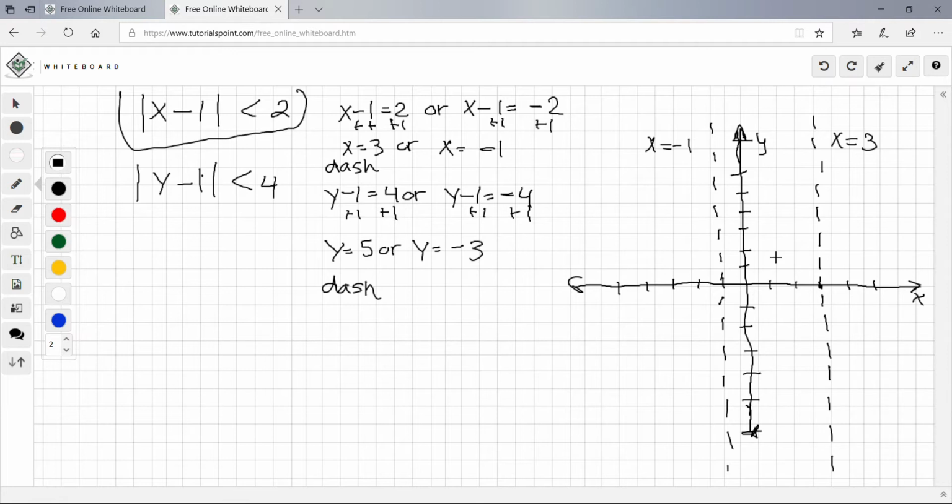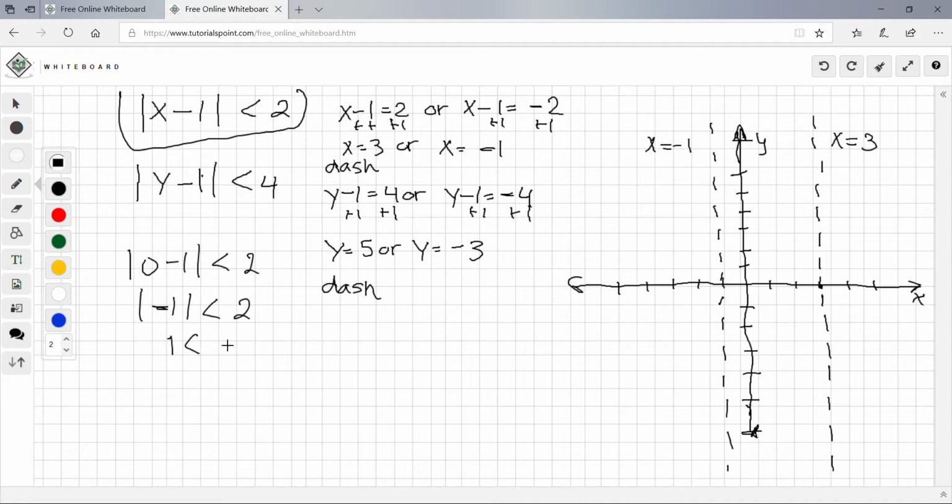Now I got to figure out which part I should shade. So I'm going to use 0, 0, and I'm going to put it in this original one, not this part. So it's going to be the absolute value of 0 minus 1 is less than 2. So 0 minus 1 is -1. And then it's the absolute value of that. And we know that when you take the absolute value, this becomes positive.